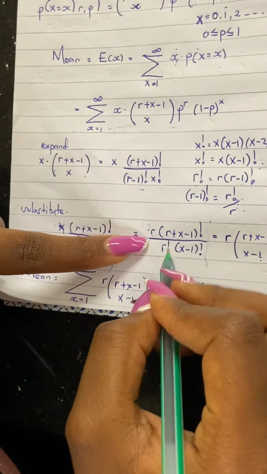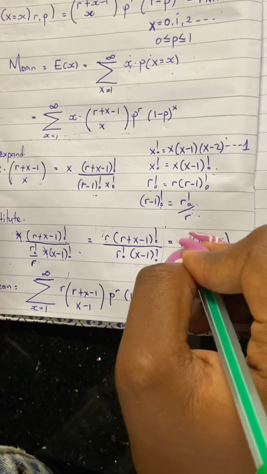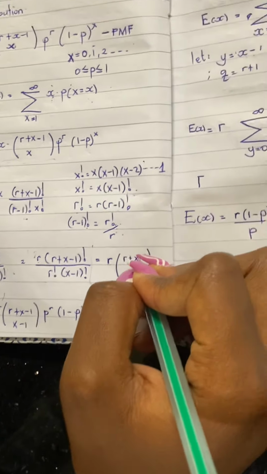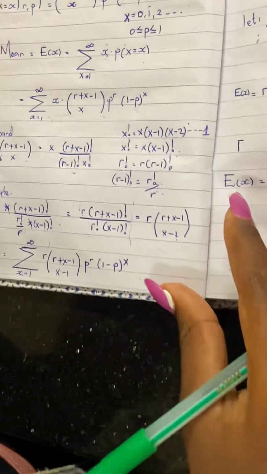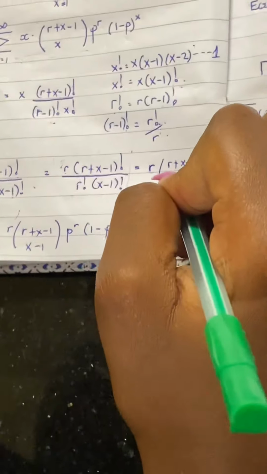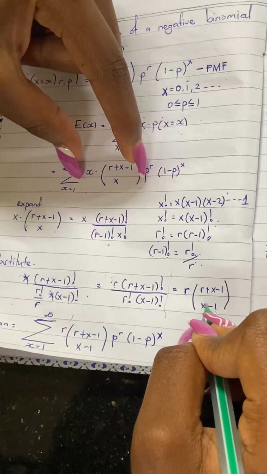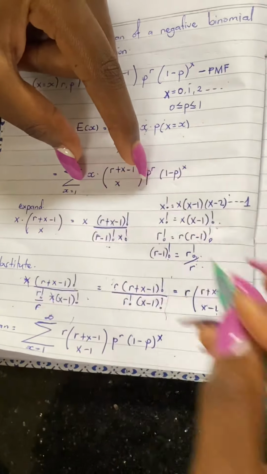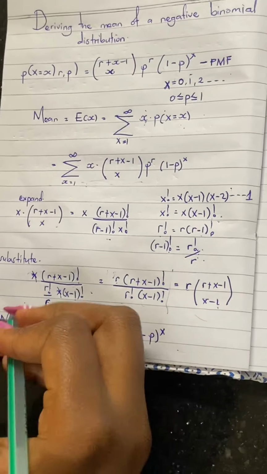So it means we can take this into a combinatorial form, r into r plus x minus 1, choose x minus 1. So after this, what we get here is equal to this segment of the equation. So we want to substitute it into our formula of the mean, which is here.